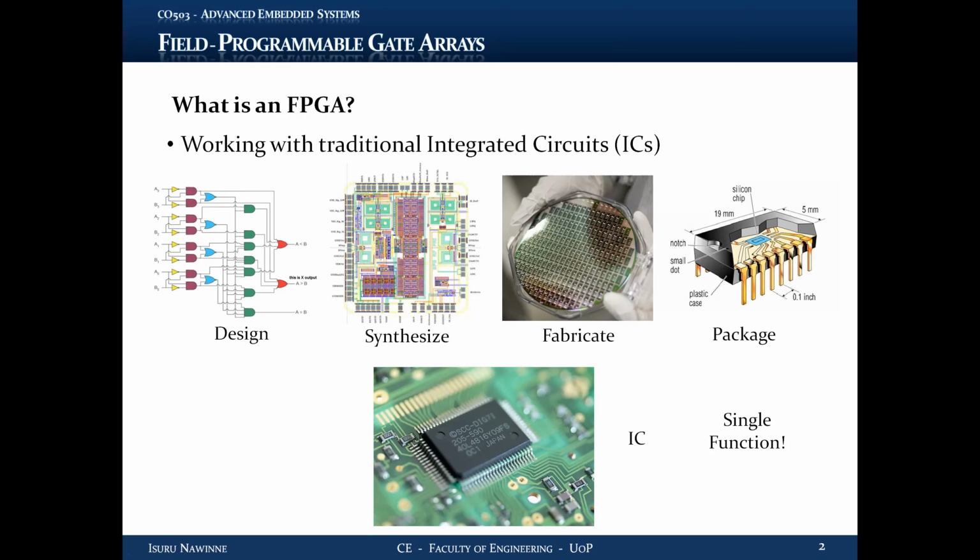So you have p-type and n-type and junctions, all kinds of junctions, and have the transistors connected in the way you want. That is what happens in the synthesis process: converting your design from a gate level design into a transistor level design.